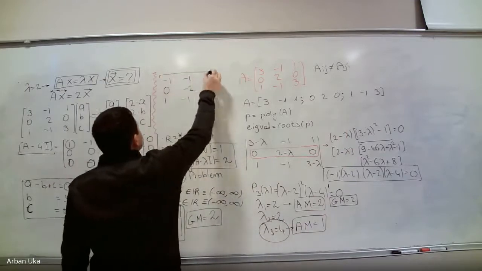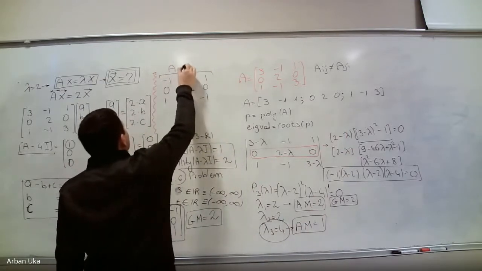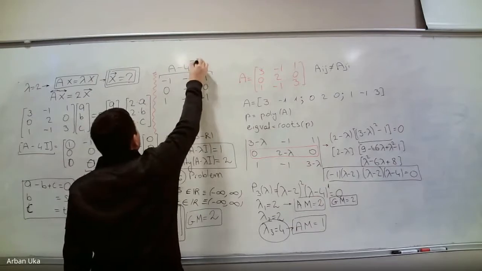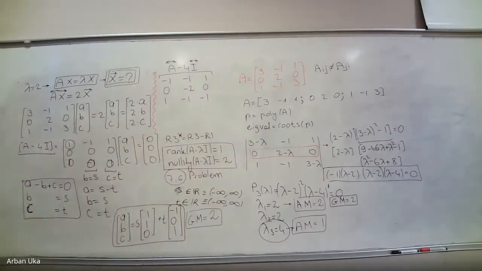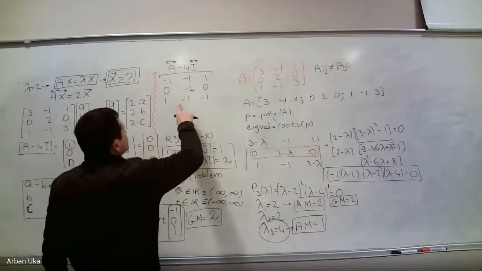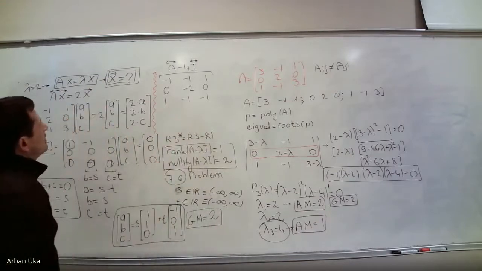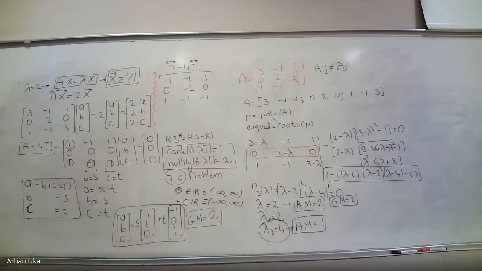As a reminder, this is just A minus 4I. I is the identity matrix, A is what it is. So this is what we finally obtain, and from here we have this expression. So what is the rank of this matrix?